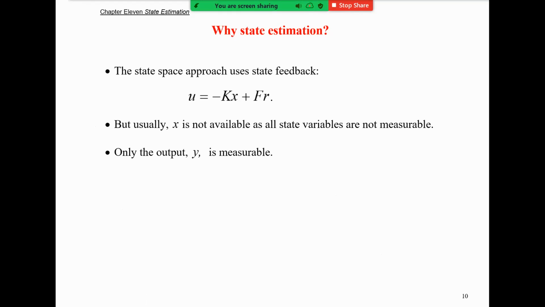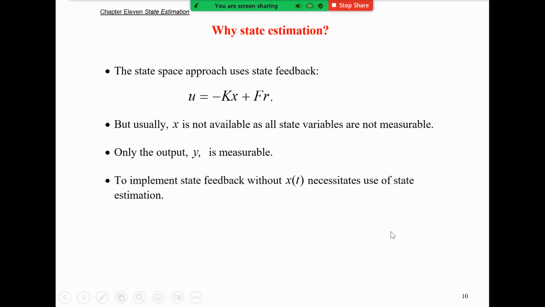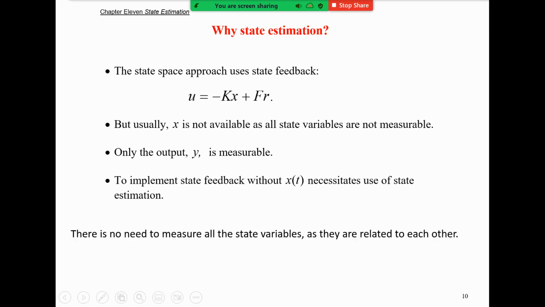If you cannot observe it directly, we never call it an output. So we can only use the output information, but we don't have the state, so we have to estimate it. Otherwise, we cannot use this type of control.